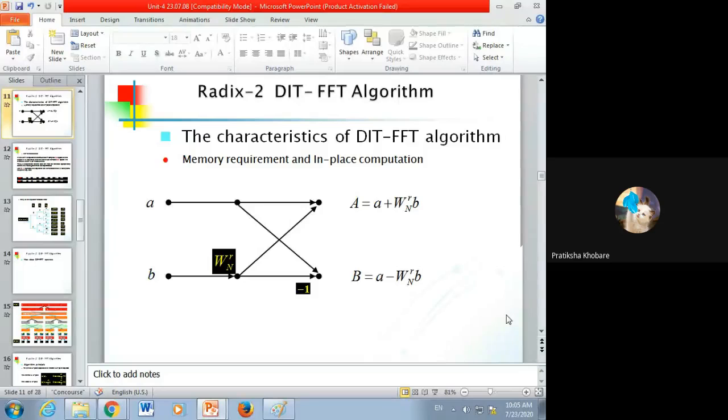Okay, just write one more line. According to the signal flow graph diagram, for capital N equals 8, we observe that there are N by 2 butterflies.